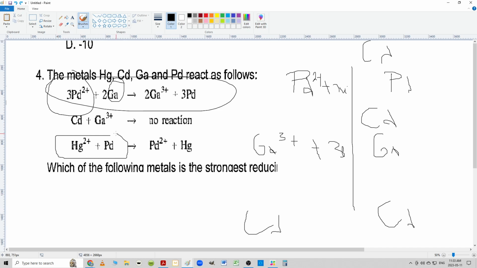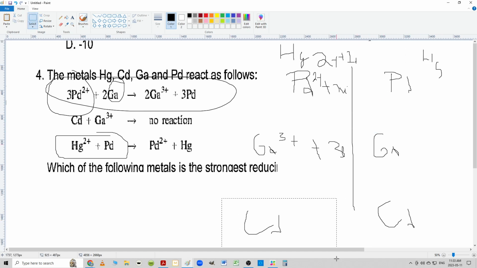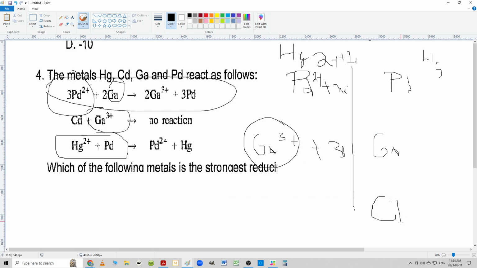But this does tell us that Hg does react with Pd, and Hg is the one above it, which means that Hg2+ is going to be above my Pd here, and that Pd2+ is going to be above my Cd. So that means this is going to gain 2 electrons and form solid. We just don't technically know where that Cd fits in, because we're assuming that they're telling us, okay, since the Ga3+ is on the left side here, if it reacted, it's here.